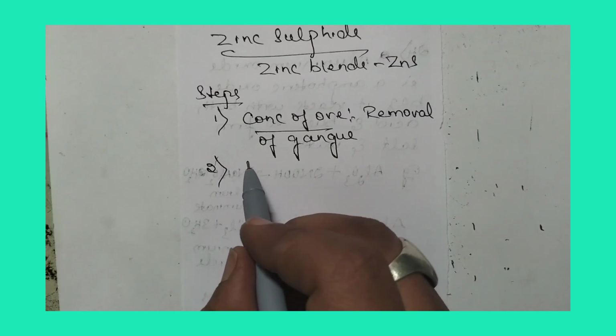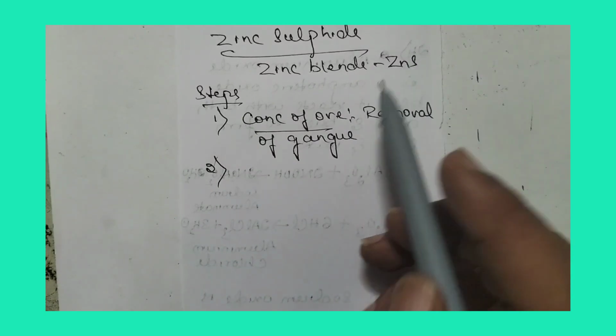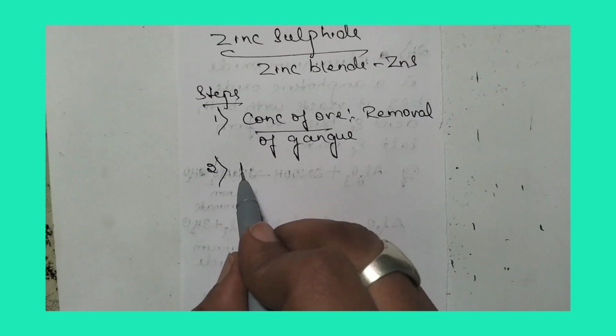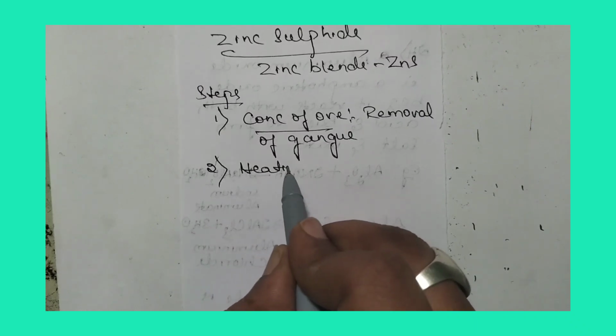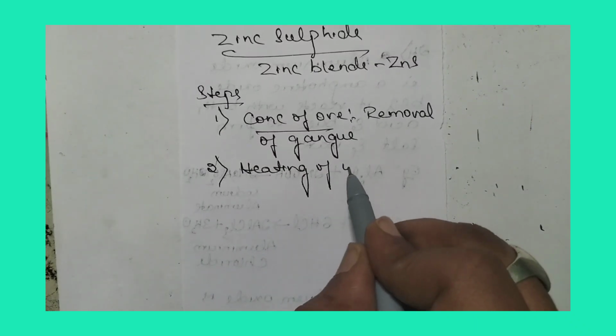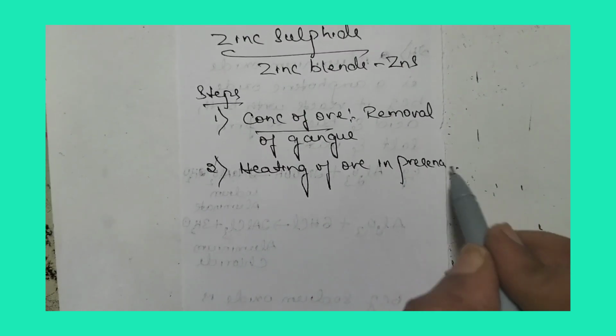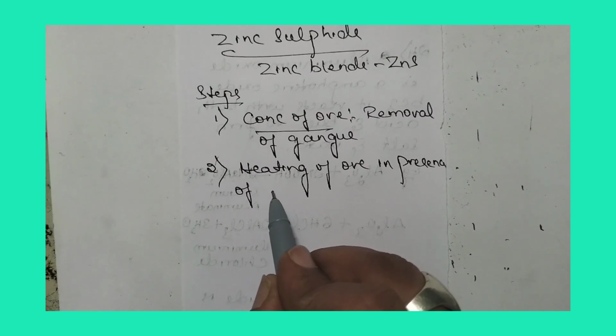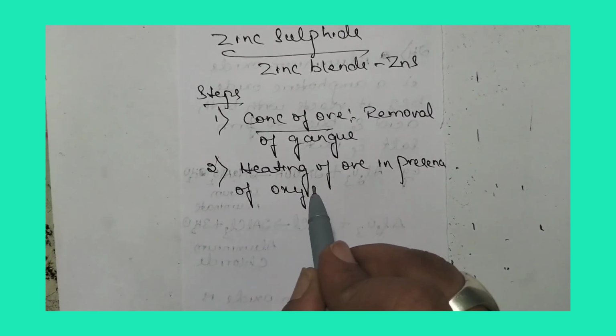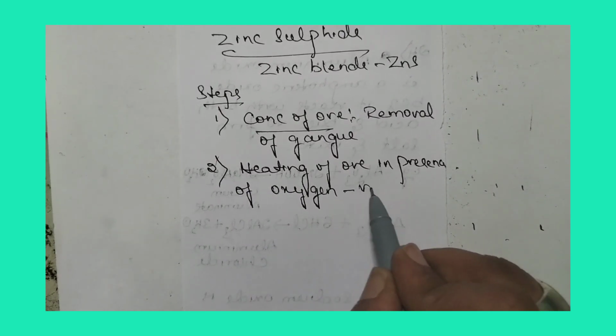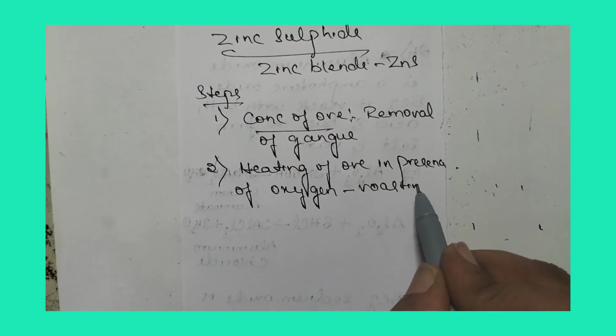In step number 2, since it is a sulfide ore, we have to heat the ore in presence of oxygen. Heating of ore in presence of oxygen is called roasting.